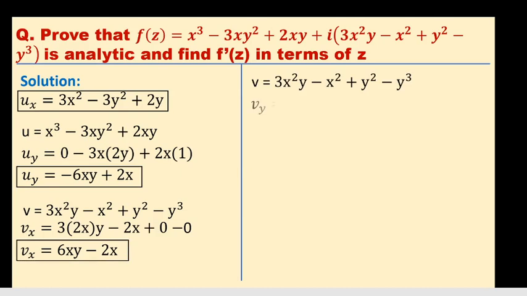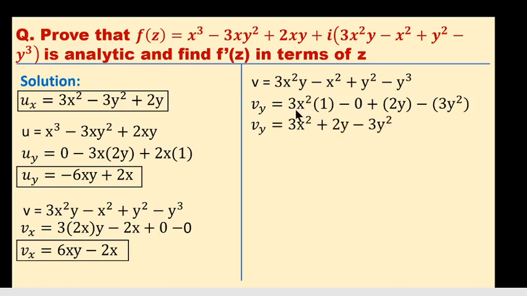Next, let's differentiate v with respect to y partially. So derivative of v with respect to y, 3 remains as it is, x square remains as it is, derivative of y is 1 minus, here there is no y term, so this entire thing is a constant when we are differentiating with respect to y, so the derivative is 0, plus derivative of y square is 2y minus y cube, derivative of y cube is 3y square.